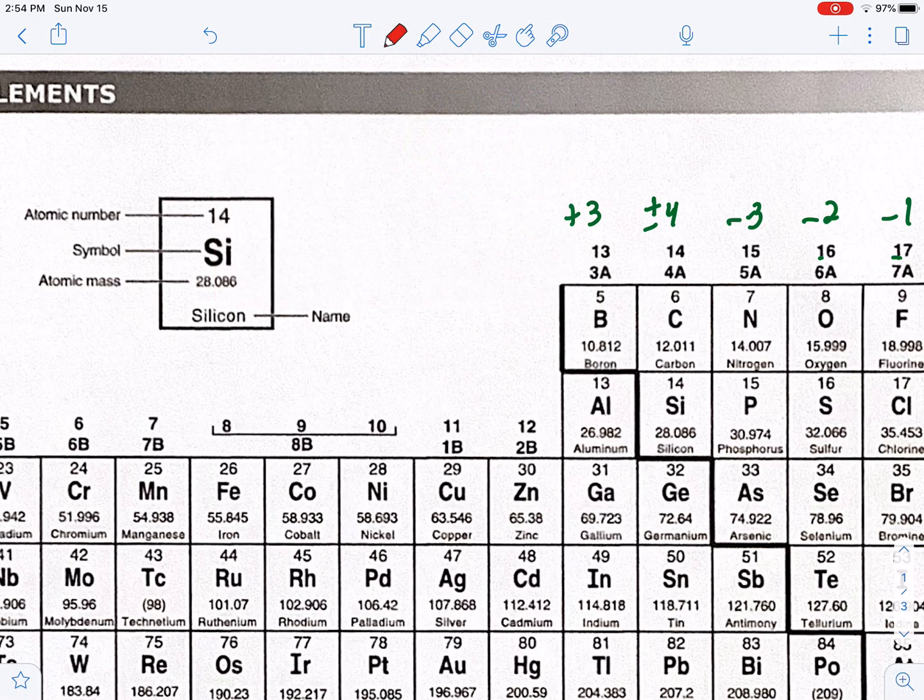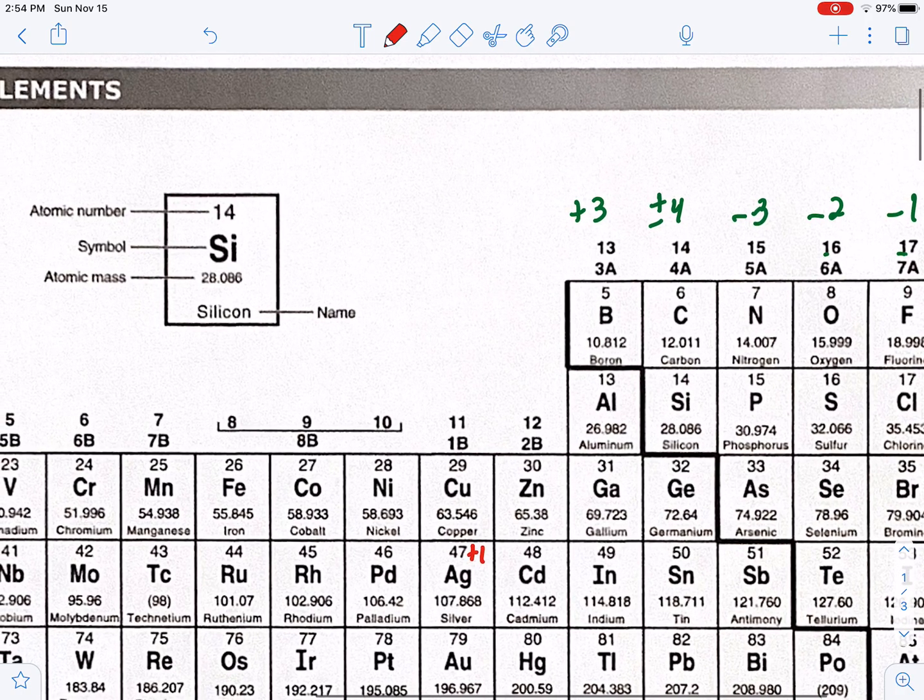Silver is always going to be a +1. Zinc is always going to be a +2. And aluminum is going to be a +3. Those are the exceptions there. Those will never change, so if they never change charge, we don't need a Roman numeral to tell us what it is.